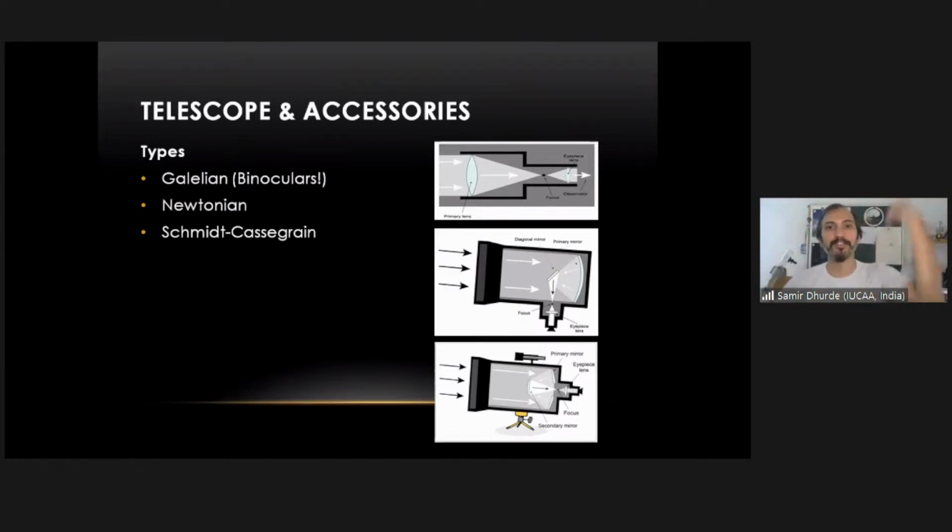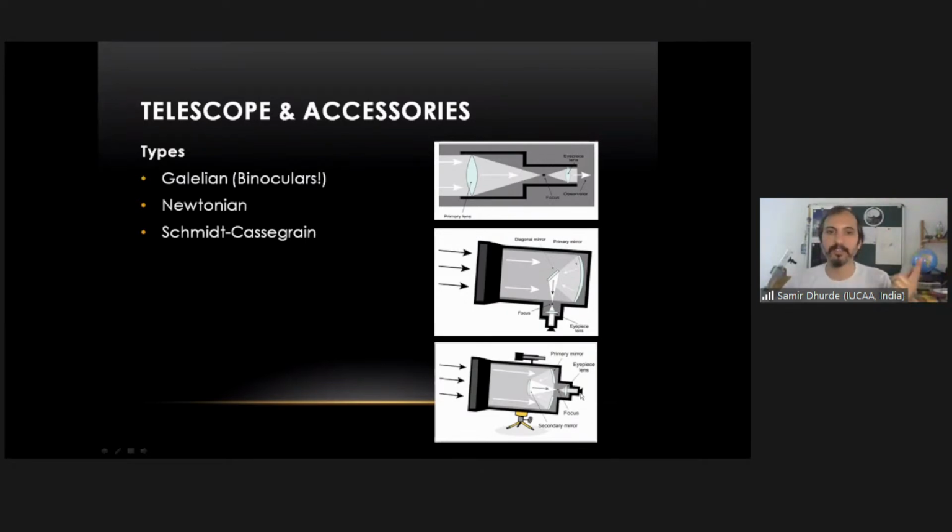And the astronomer would have to go there and see, or put their cameras there, which becomes inconvenient if the telescope has a huge size. So in that case, Schmidt Cassegrain becomes nice, because all this is at ground level.